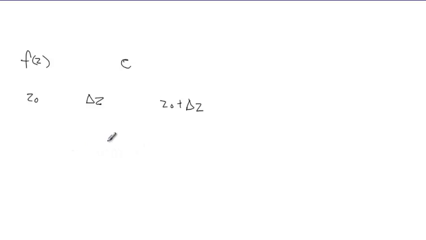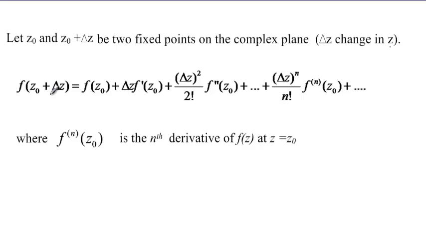Now, having this kind of situation, we can approximate the value of f of z at z0 plus change by this kind of expression, where f n at z0 denotes the value of the derivative of f of z at z0.